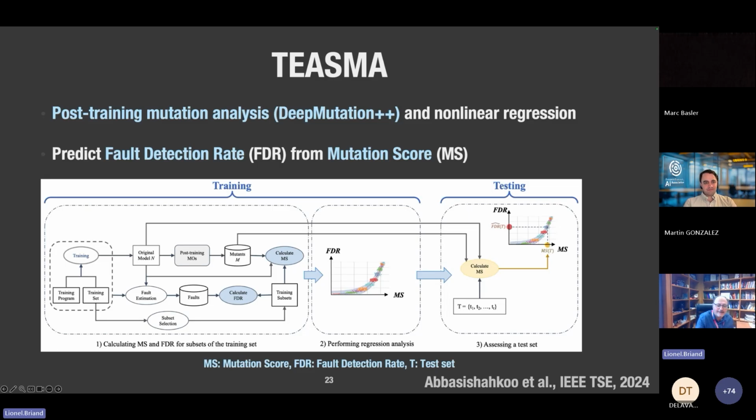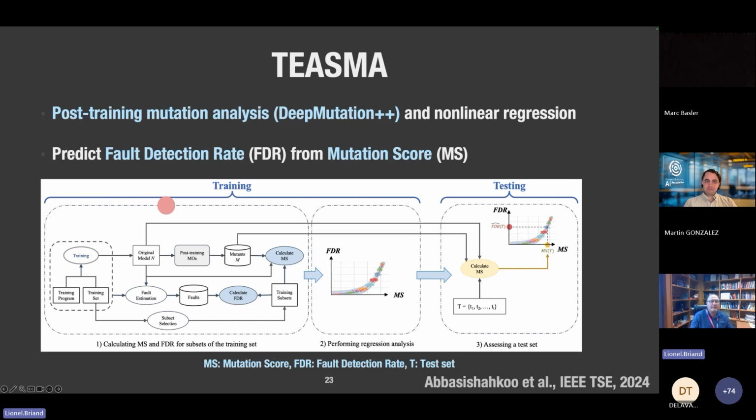There were three phases in our solution. In the first phase, we took the model and seeded faults into it. We call that mutation analysis in software engineering. According to some strategy, we modify the weights and the activation functions, seeding faults in them.